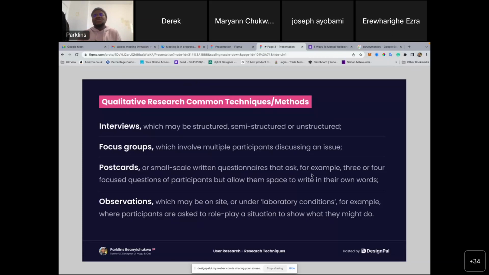Those kinds of questions begin with, talk to me about a time where you encountered certain things. For example, imagine the analogy we gave of a user who goes to school by bus and comes back by train. That was the quantitative research, and we found out that the user goes to school by bus and comes back by train.